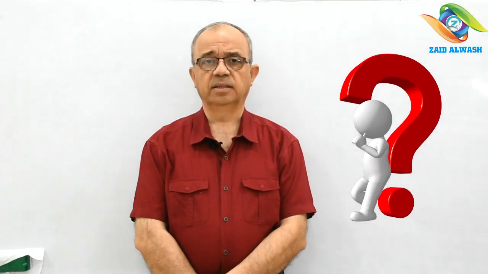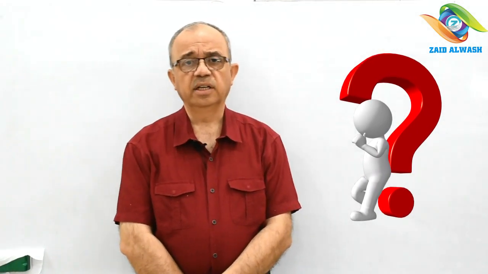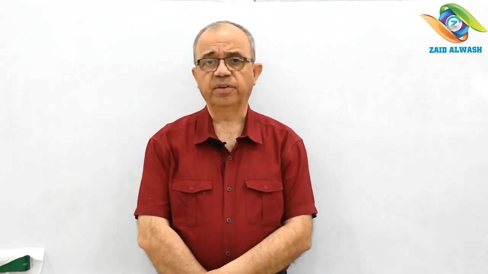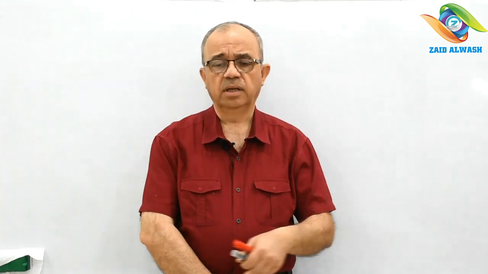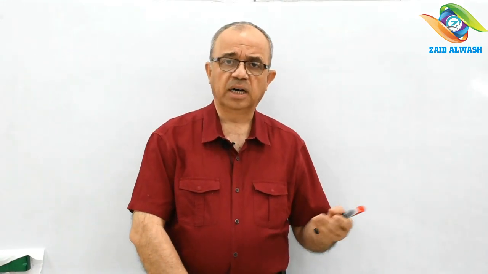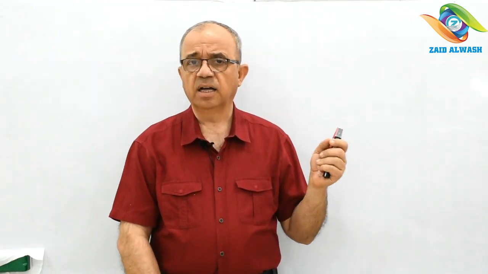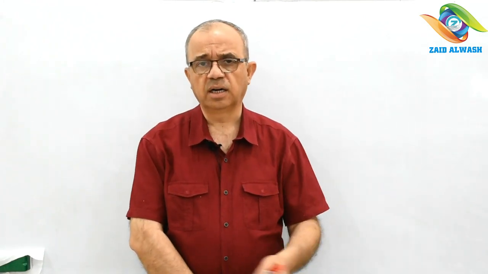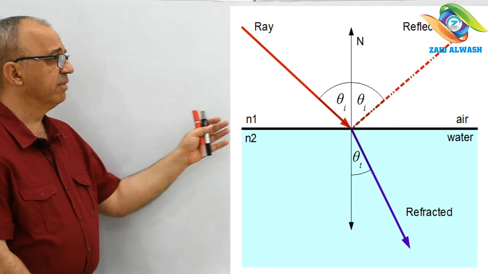Then we have a new question. What happens when a light ray is incident on the surface between two transparent media? Some of the incident ray is reflected and some of it passes through into the second medium, as you see in this figure.